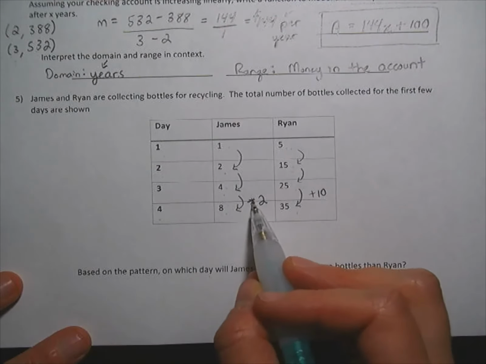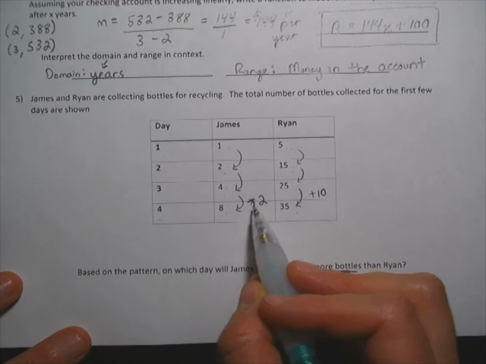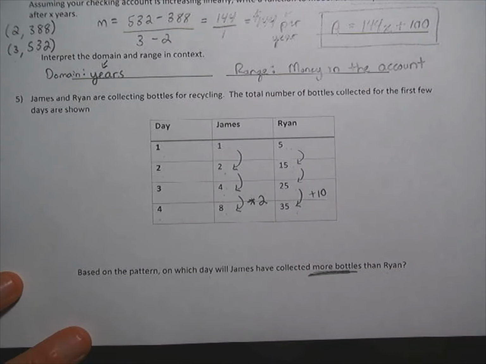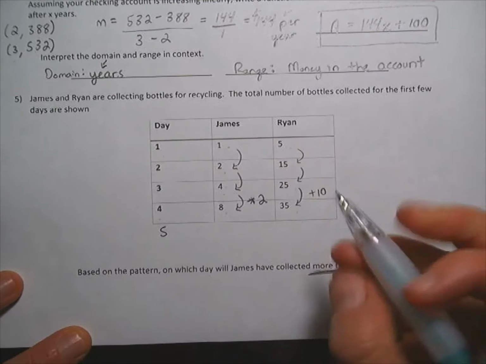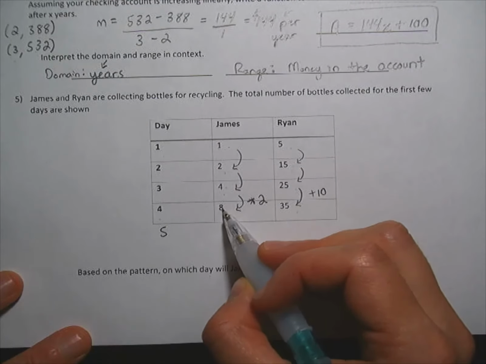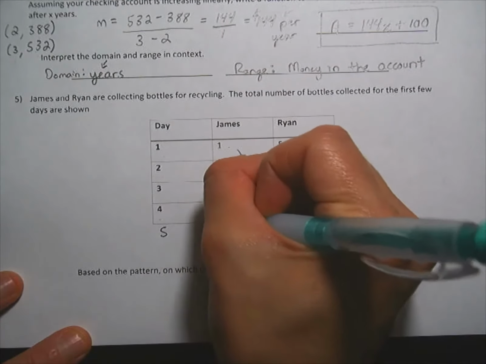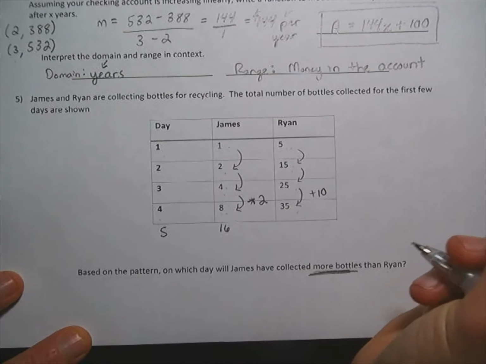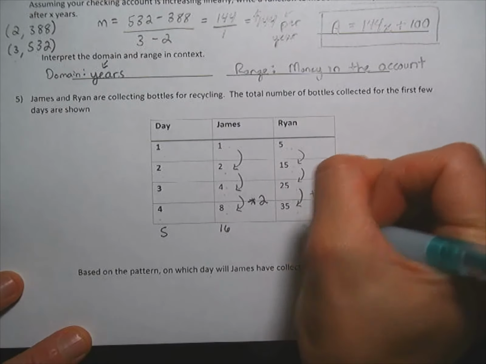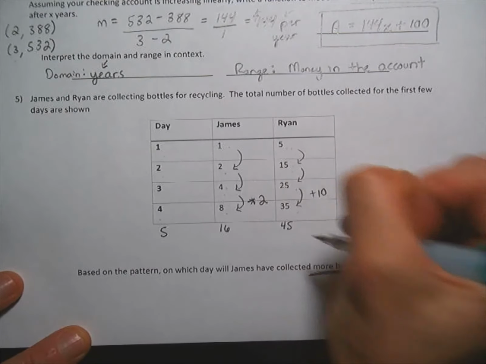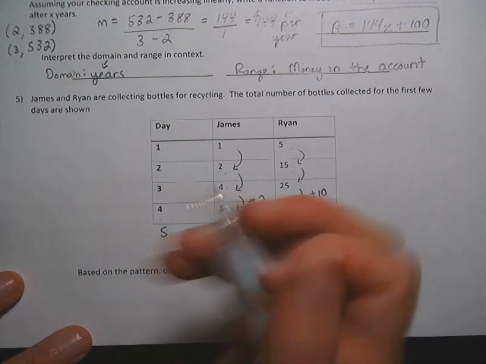Because if you're multiplying how many bottles you're collecting by 2, he will eventually pass Ryan. So on day 5, how many bottles would they have collected? Well, James is doubling. So on day 5, if we take that and multiply by 2, he would have collected 16. Versus Ryan is just adding 10. So if we add 10, he would have collected 45. So let's keep the pattern going.